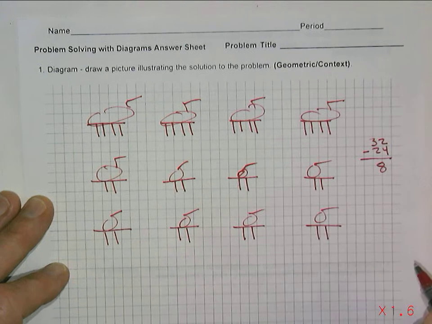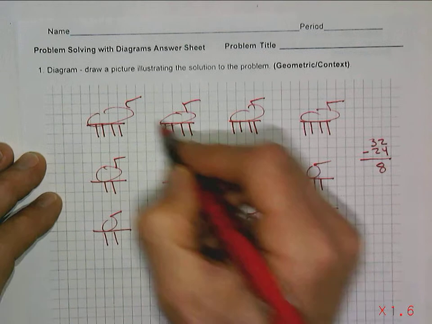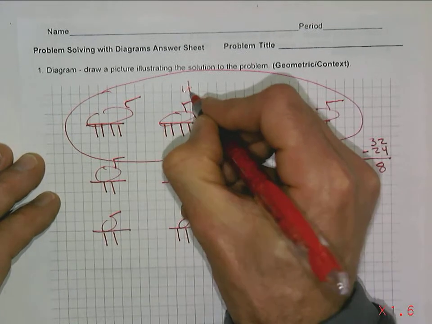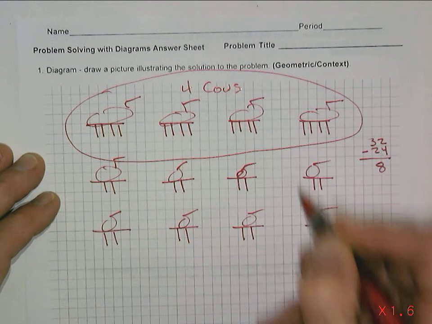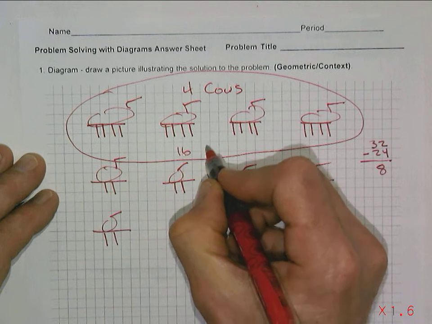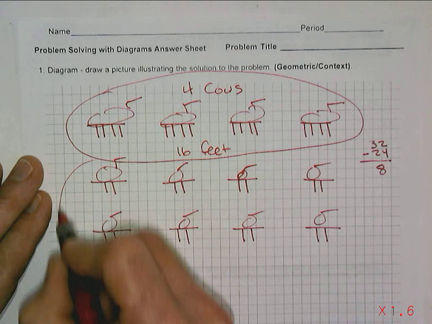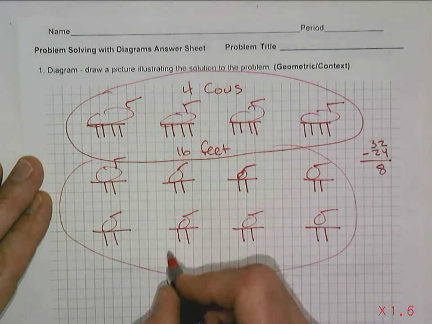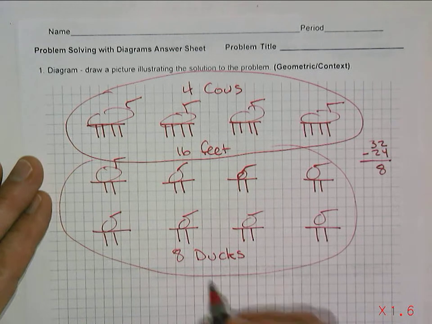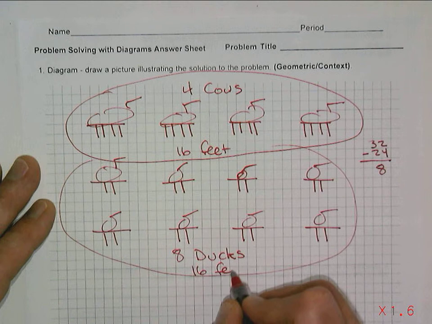So now you can see that simply by using a diagram in this problem, I identified that there are 4 cows, and those 4 cows have 16 feet or legs in this case, and then the rest of them down here are my 8 ducks. And those 8 ducks also comprise a total of 16 feet or legs.